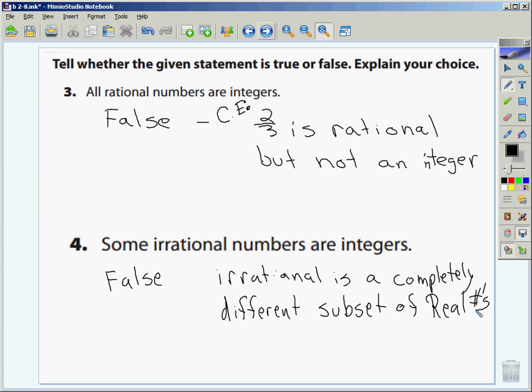Right? It's completely separate. There isn't a single number that's inside of irrational numbers except irrational numbers. It's a completely different group. So, not just true or false, but why? Okay? We good?